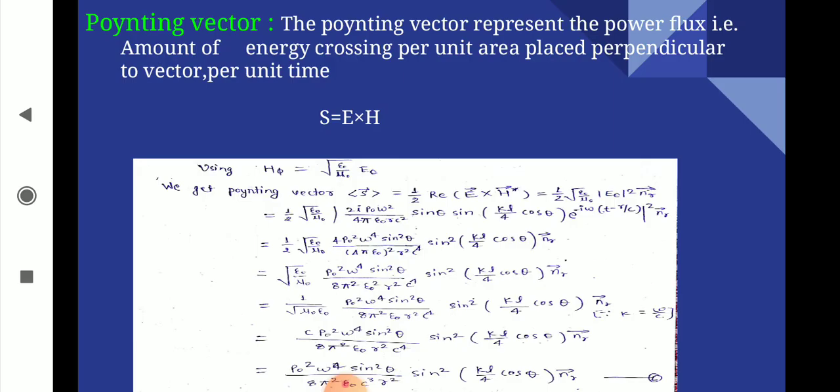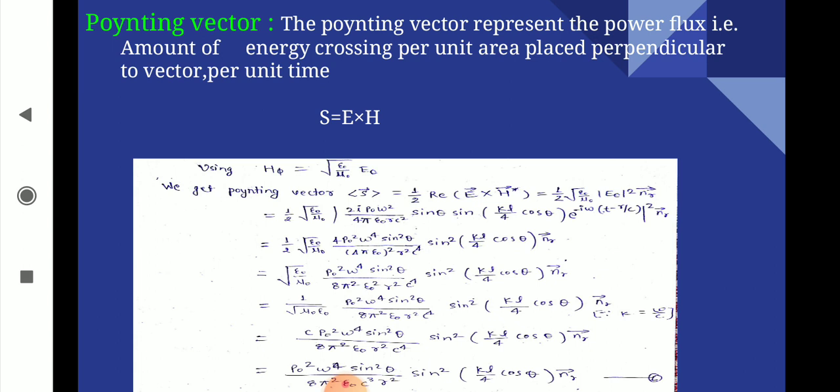Now we will find out what is Poynting vector. The Poynting vector represents the power flux, that is amount of energy crossing per unit area placed perpendicular to vector per unit time. So S is equal to E cross H. Now we will find out the value of S by putting the values of E and H in the equation you are watching.